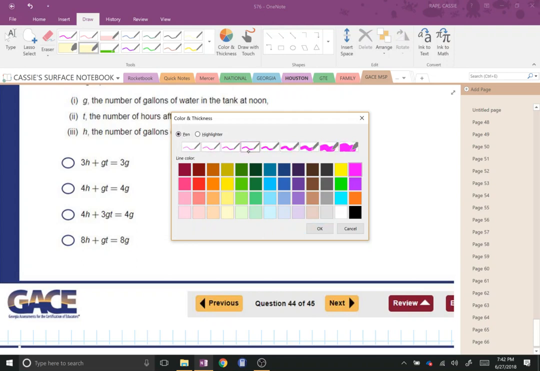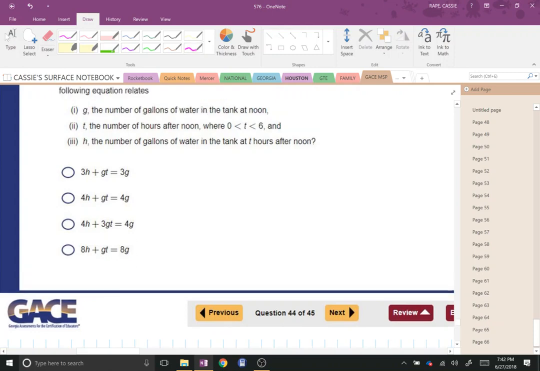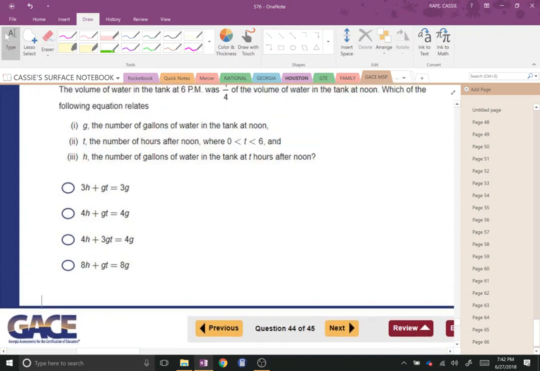It's just a placeholder for a number you don't know. One thing you could do if you didn't know is if you did recognize here that the number of gallons of water at a particular time, the beginning amount, is not something you know, but it's also not something that changes because it is pinpointed down at one time.